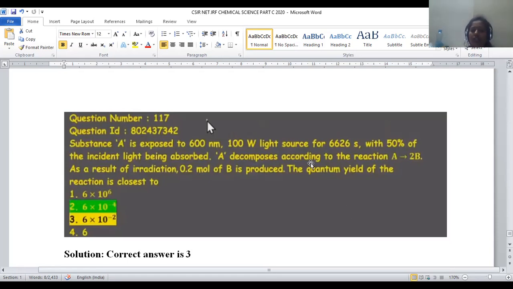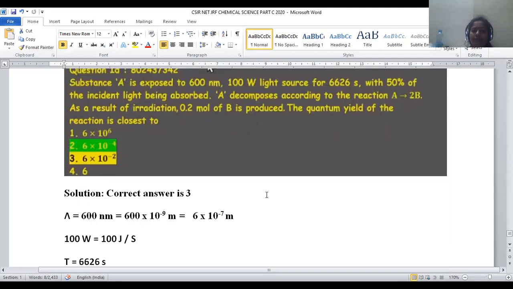Whenever A decomposes, the formation of 2B molecules is possible, right? So when irradiation of light is applied, A is turned into compound B. That means A decomposition is possible, formation of B is possible. For this reaction, we have to predict its quantum yield.